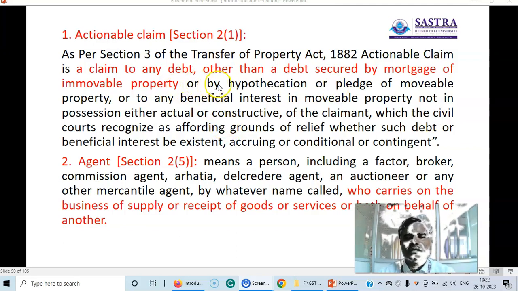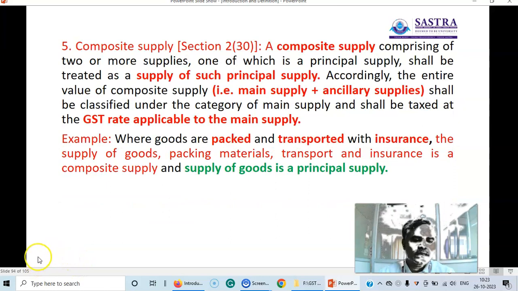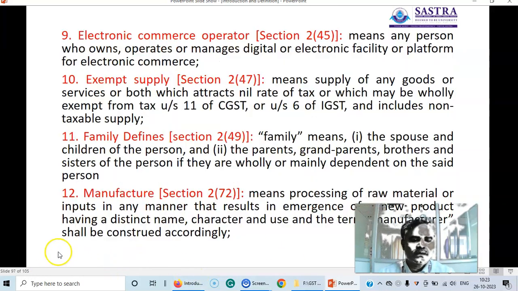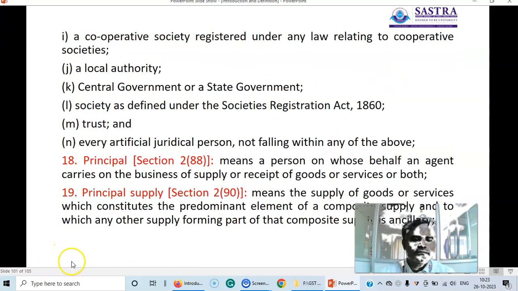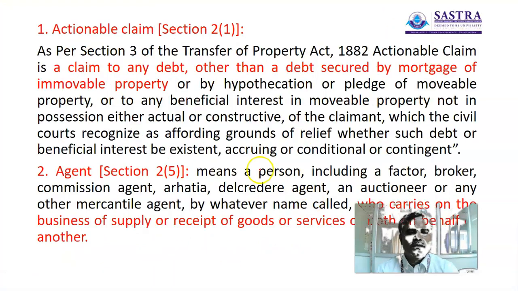As per section 3 of the Transfer of Property Act 1882, actionable claim is a claim to any debt, particularly unsecured creditors.